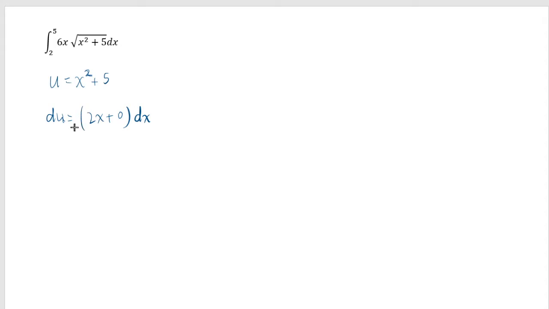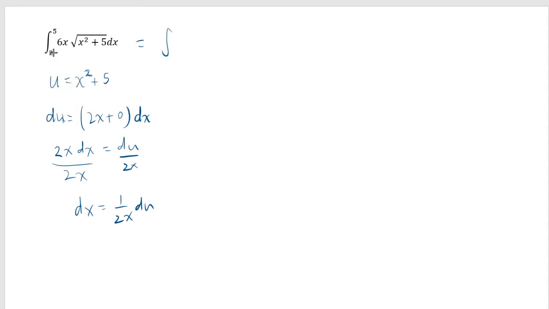So that's the format. When you do u substitution, you differentiate and then put du as the derivative times dx. Once you do that, then you want to solve for dx, so that you have dx equals 1 over 2x du. And now you're almost there, except we still need to do something more.